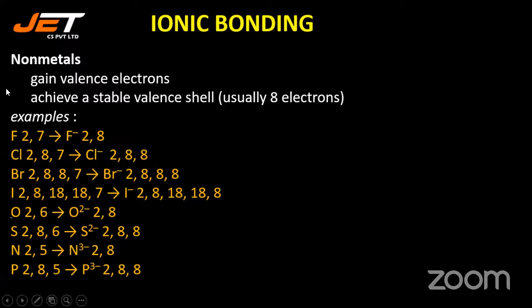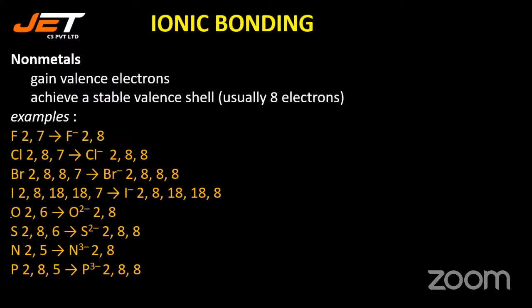Don't do that. Write the electronic configuration like you used to write in class 10: K shell, L shell, M shell. K shell has a maximum of 2 electrons, L shell a maximum of 8, and N shell a maximum of 18. You used to do this in class 10, right? So write the electronic configuration like that.